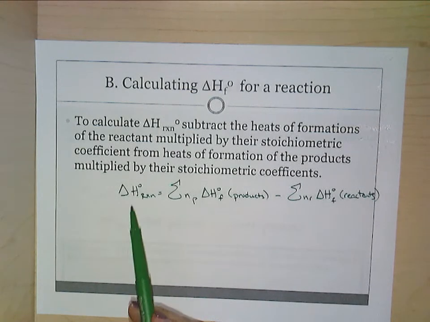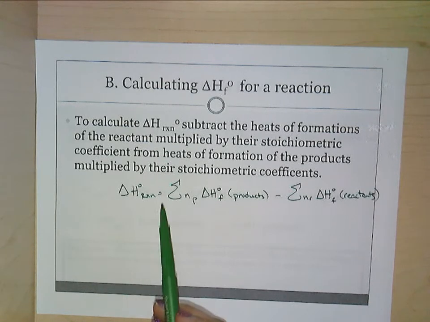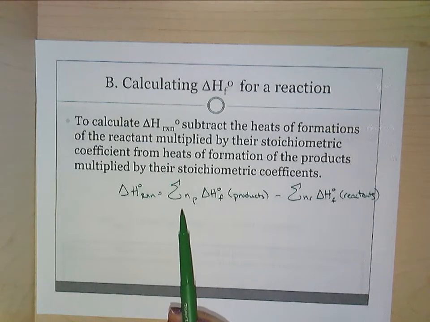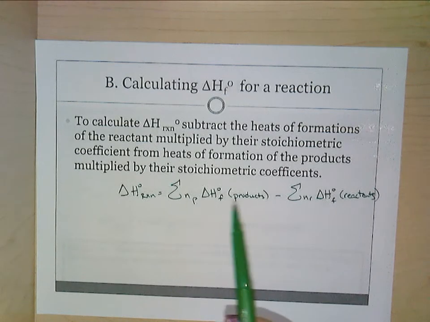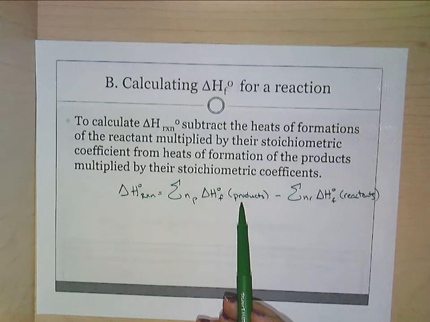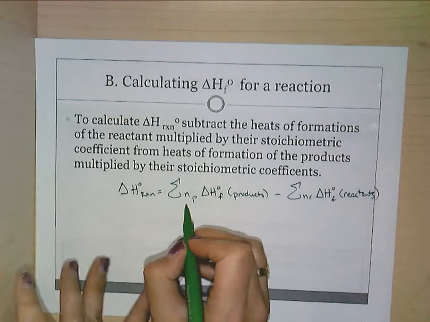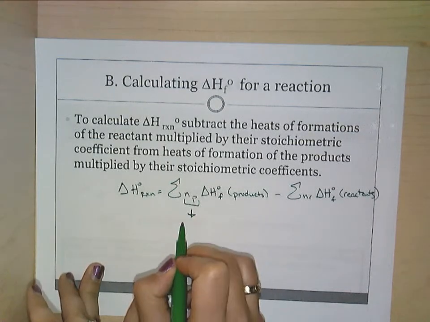The overall standard state heat of reaction is equal to, what's the big epsilon? Sum, right? We're going to sum all the heats of formation of the products, each multiplied by their stoichiometric coefficient. So that's what the N is referring to.